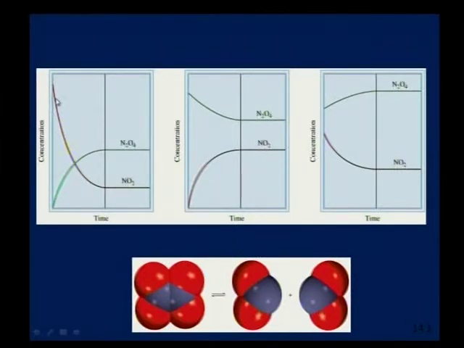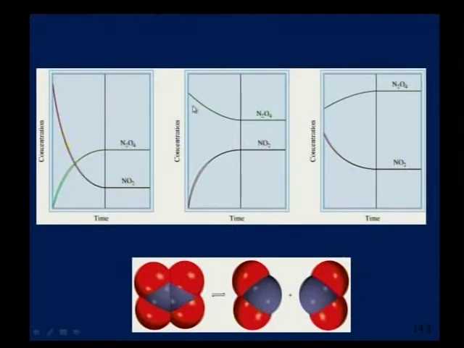Firstly, here we have taken dinitrogen tetraoxide and nitrogen dioxide. Firstly, the concentration of the reactants goes on decreasing and the concentration of the products goes on increasing.